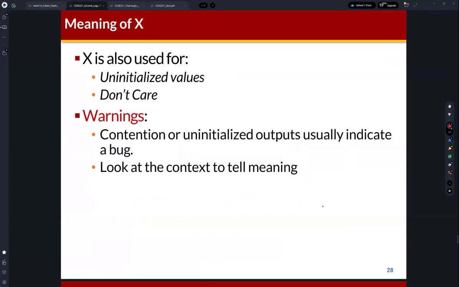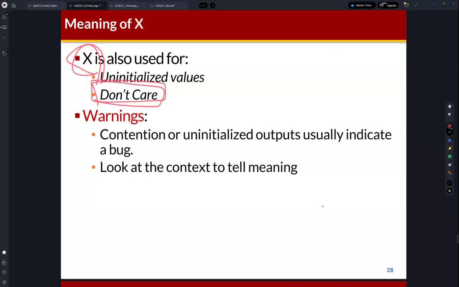So this is the X. Actually in today's class we will learn about the Karnaugh map, and you can also observe the X in the Karnaugh map. Sometimes we can use X for representing don't care.